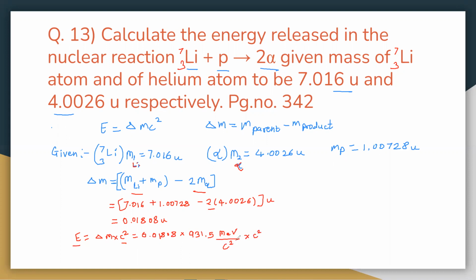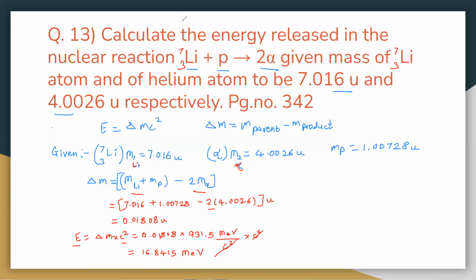So this C square will cancel out. Again, this multiplication is there. You can do it directly or by log, which will give us 16.8415 mega electron volt. So this will be the final answer for energy released.